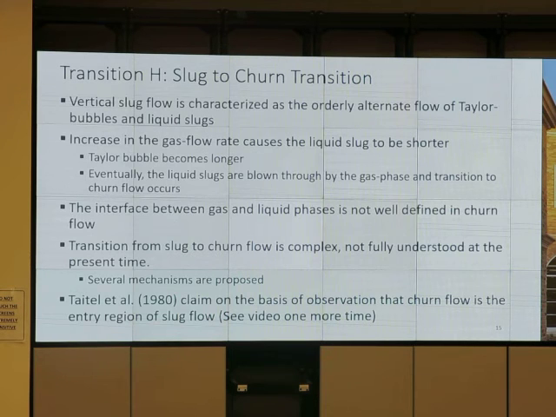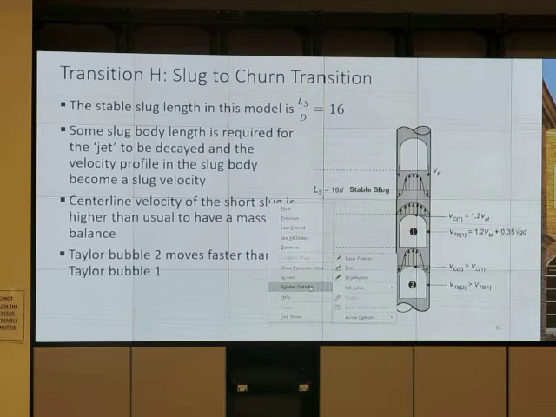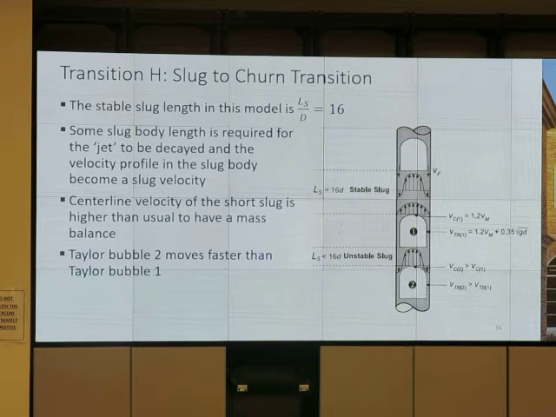Alright, let's talk about transition H, the mathematical part. This is a picture that we talked about last time. The reason that we have churn flow is that two Taylor bubbles don't move at the same speed. Taylor bubble 2, the bottom one, moves faster than Taylor bubble 1.